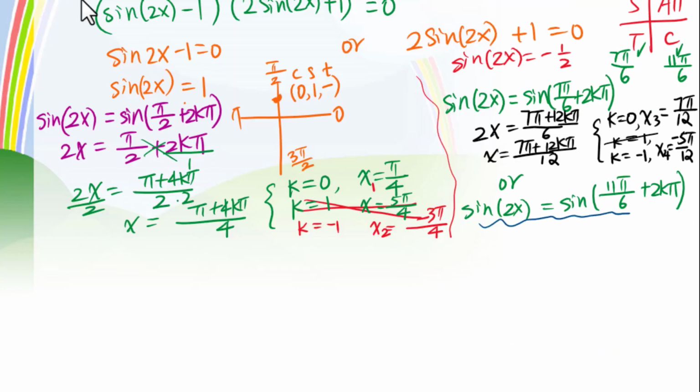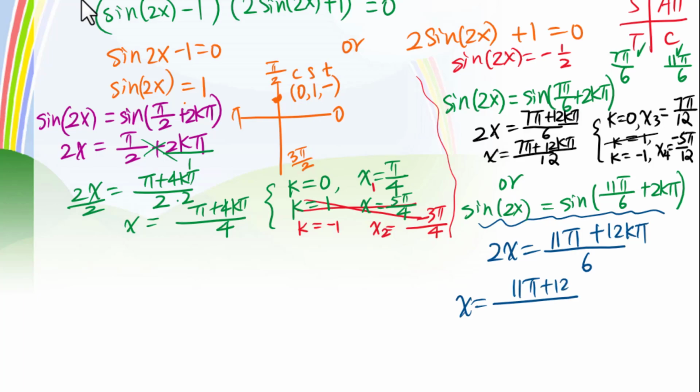For this equation, 2x equals, put this together, denominator is 6, 11 pi plus 12k pi. So x equals 11 pi plus 12k pi over 12. When k equals 0, x5 equals 11 pi over 12.